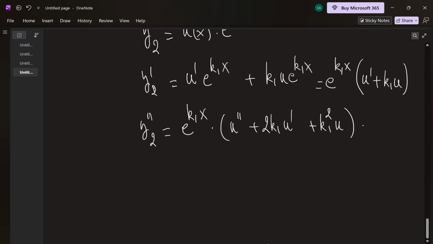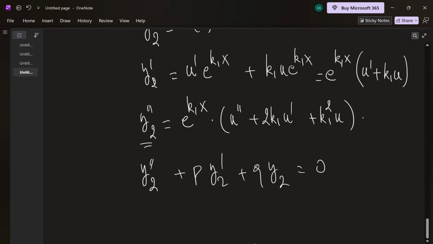Now if you substitute into our second order differential equation, y2 should satisfy the differential equation, that is y2 double prime plus p y2 prime plus q y2 is equal to 0.